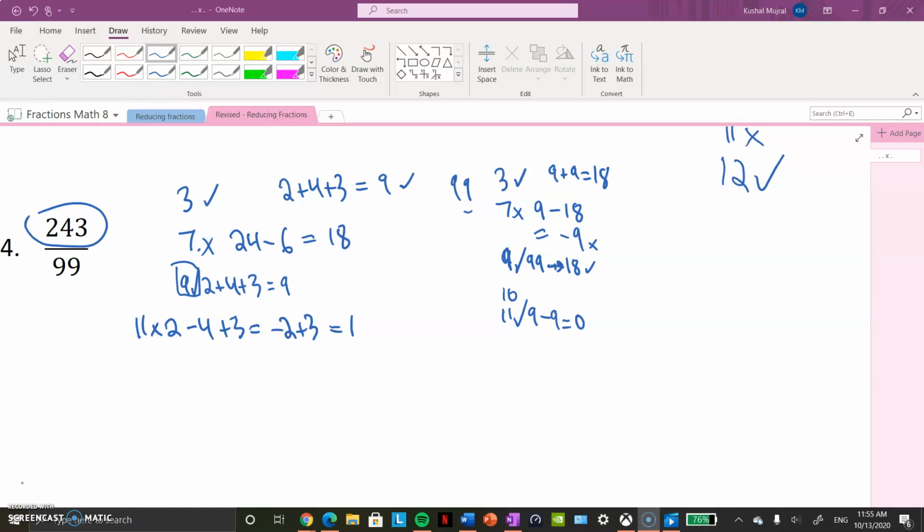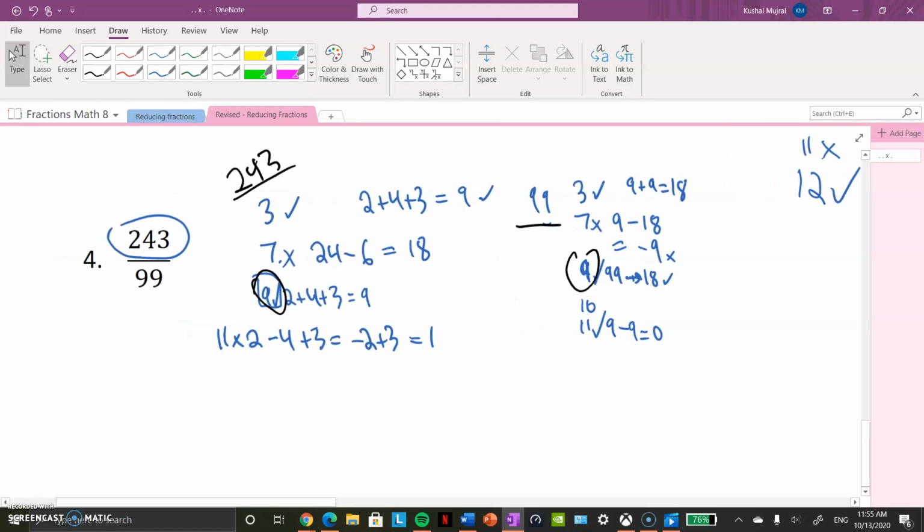So we already know it's not divisible by 12, so there's no need to put down 12. Now let's look at the biggest common factor between both 243, this is for 243 over here, and 99 here. So we know that 9 fits here. We know that 9 fits here, so we could divide both the top and the bottom by 9. Okay, so divide by 9, divide by 9.